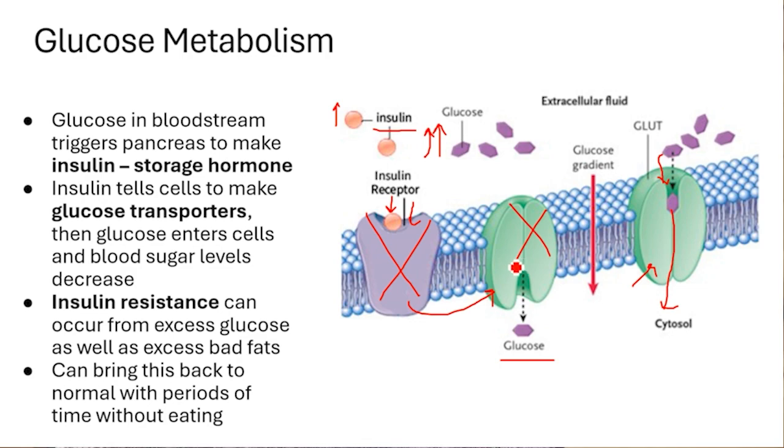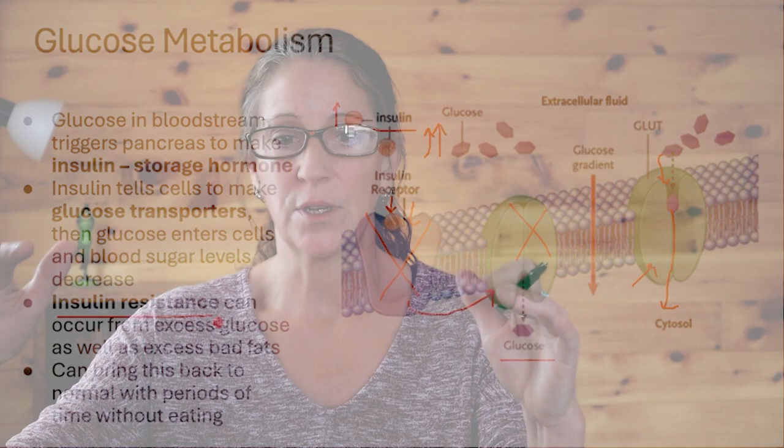This is insulin resistance. When the insulin receptors are decreased, then the blood sugar is going to stay in the bloodstream. If the insulin is not binding to these receptors, then we are not triggering the production of the glucose transporters. And then the sugar stays outside of the cell. This is insulin resistance, and this is what can lead to type 2 diabetes.